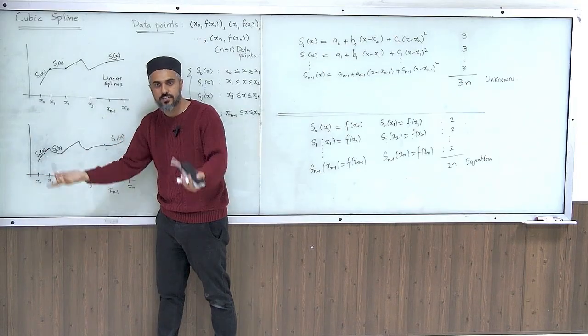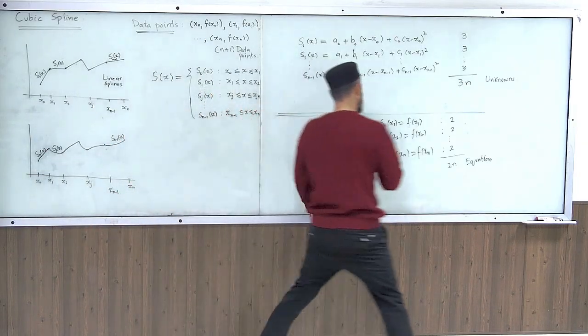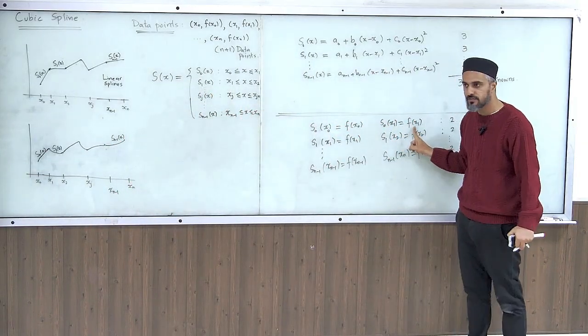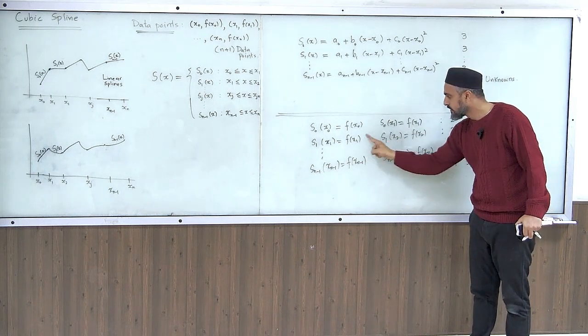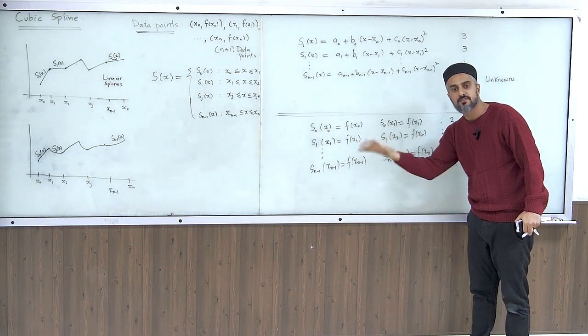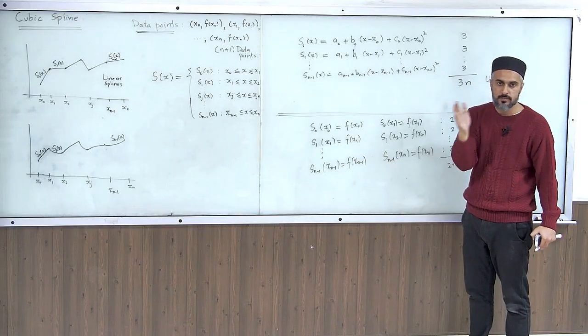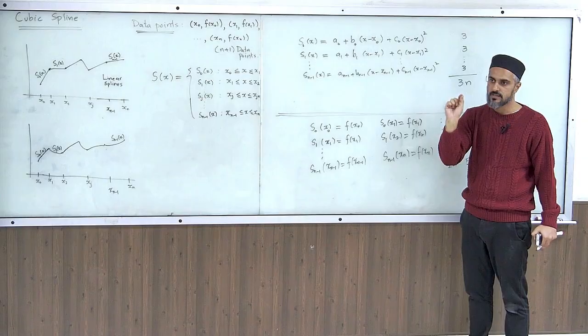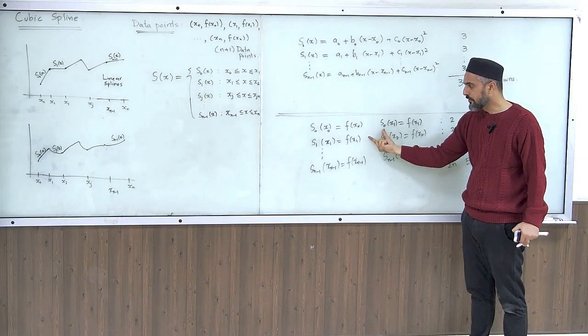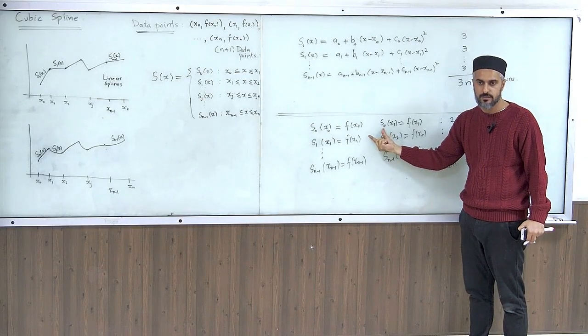This is the connection. This is the same as f of x1. So they are giving the same values. The previous polynomial and the next polynomial at that point will give you the same value, so your two polynomials are connected together.